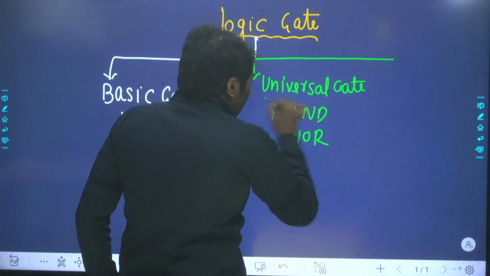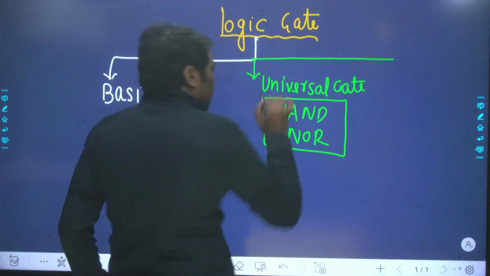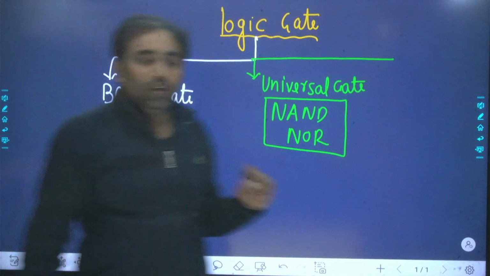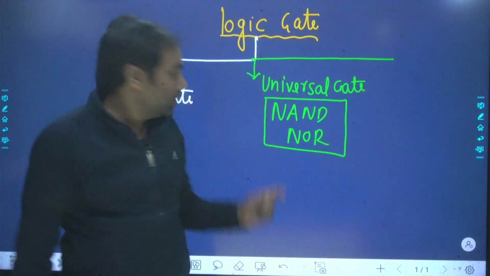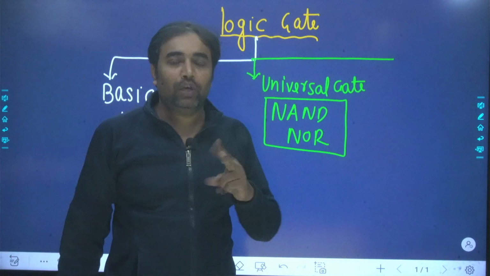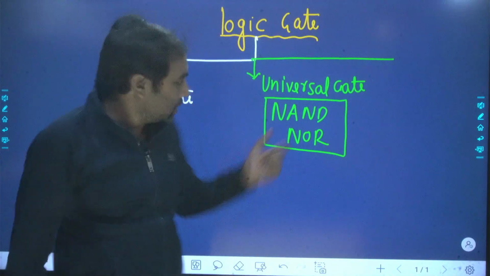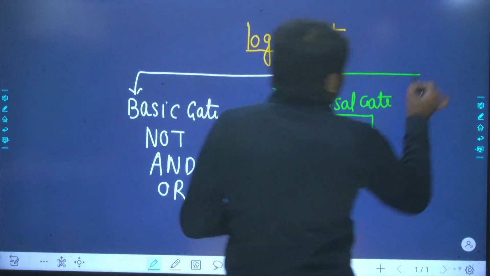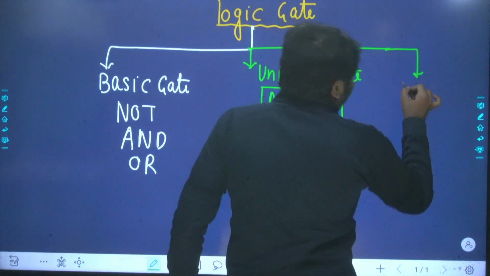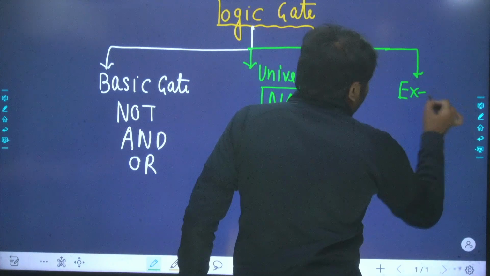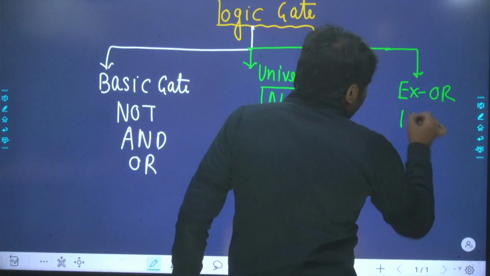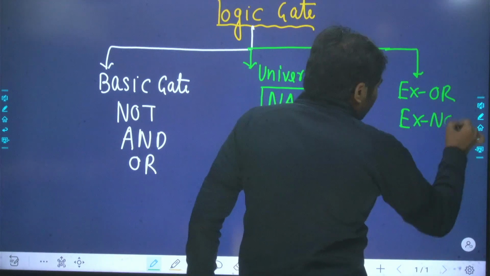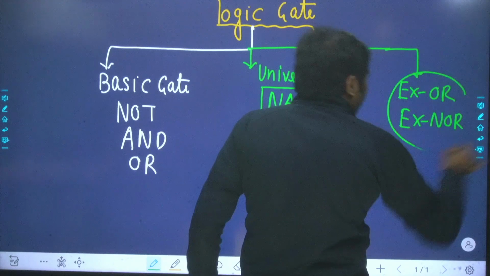Many times it is asked which of the following is a universal gate? Most important. Why is it called a universal gate? Because by using these two gates we can implement all types of gate. That's why they are called universal gates. Next one is XOR gate and XNOR gate. This one is the arithmetic gate.